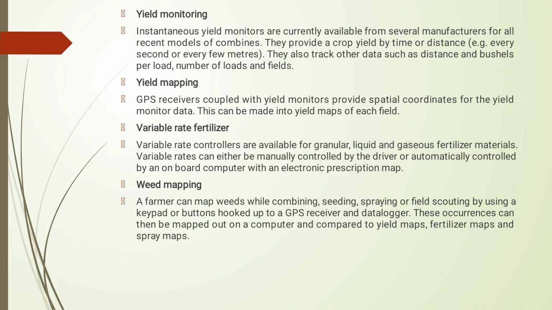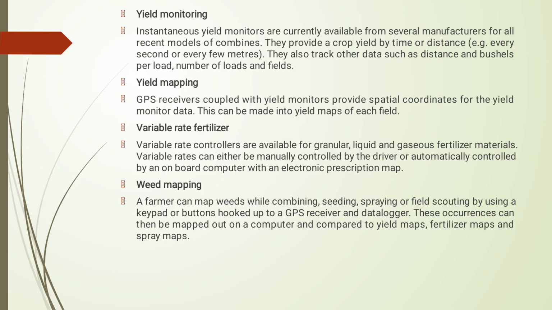They also track data such as distance, bushels per load, and number of loads per field. That is yield monitoring: it monitors the time or distance every second, and also measures the distance, bushels per load, and how much yield is produced.